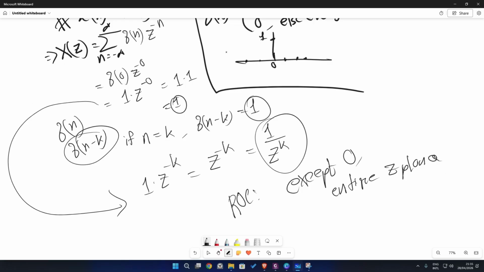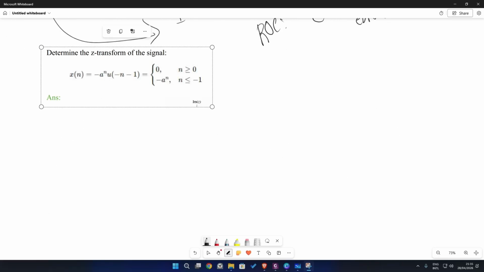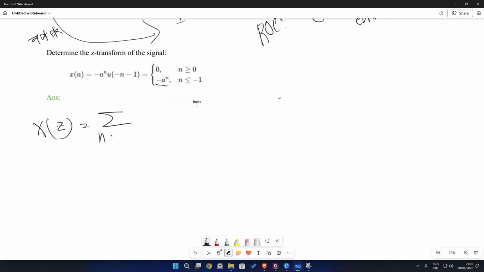Now moving on to the main problem. It is a very important topic, a very important problem. Here we can see the value will be a to the power n with a minus sign when n is less than or equal to minus 1. So it will be the sum from n equals minus infinity to minus 1 of minus a^n z^-n, and the unit function u[minus n minus 1] is simply 1 here.